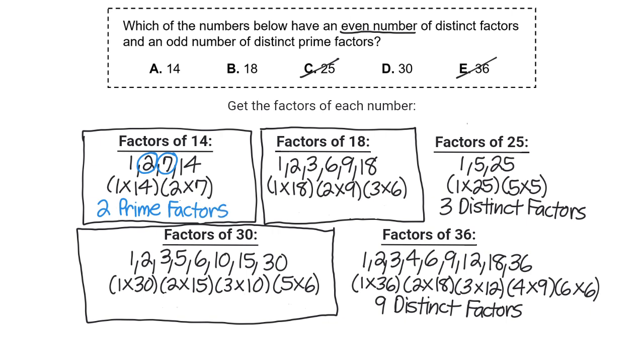Looking at 18, it also has 2 distinct prime factors. And looking at 30, it has 1, 2, 3 prime factors.